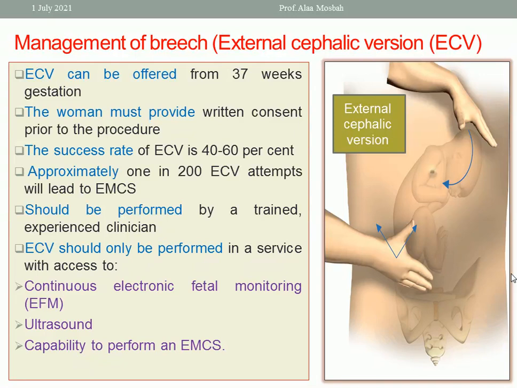Also, there are some prerequisites: continuous electronic fetal heart monitoring before and after the version, ultrasound available before and after doing the technique, and availability of emergency cesarean section if needed, if any complication happens.